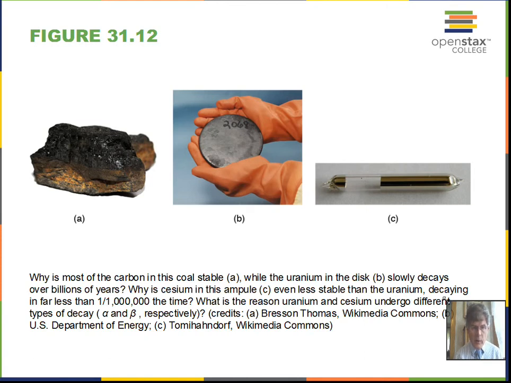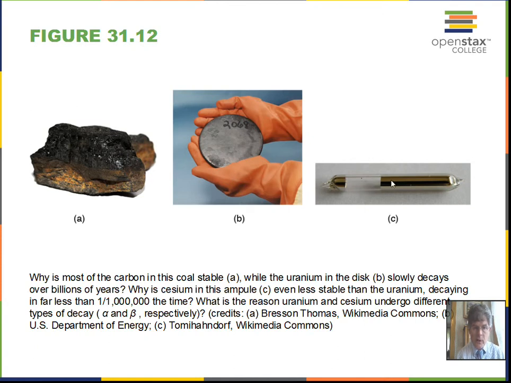We see some materials here. We have a lump of coal. There's carbon-12 in there that's stable. We'll talk about those notations. We have a disk that has some uranium in it that's unstable, that decays over billions of years, the half-life.